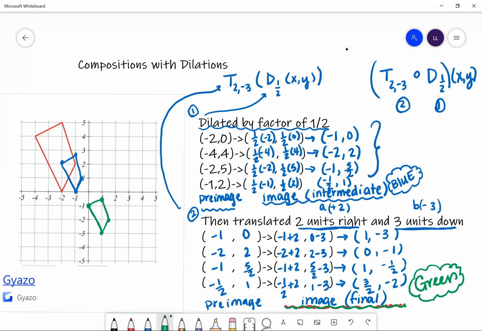All right, I decided to use green instead because the original image was red. So in the color green here, you see that this figure was moved to the right 2 units, and it was moved down 3 units. All right, so this is our final image right here. And that's how you do a composite function.